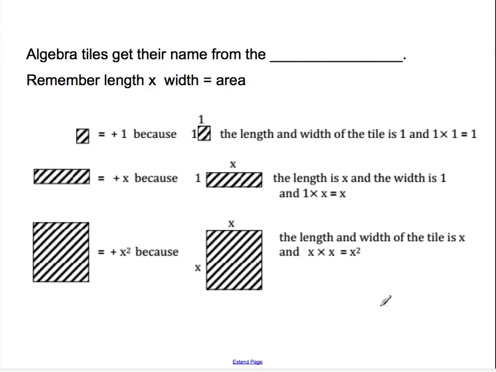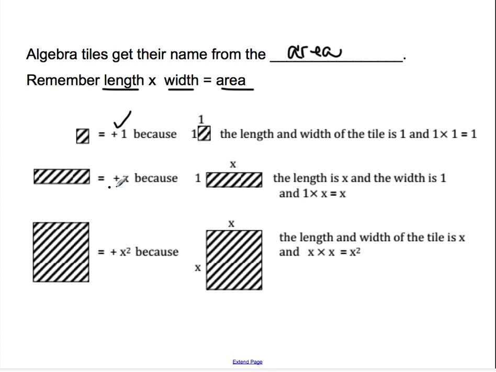Well, algebra tiles get their name from the area. So I forgot I had this slide, so I kind of explained it. So length times width is equal to the area. So here, since these dimensions are 1 by 1, that's why it's called the unit tile. We have an area of 1 unit, because 1 times 1 is 1.